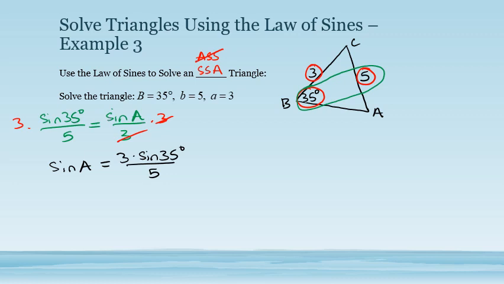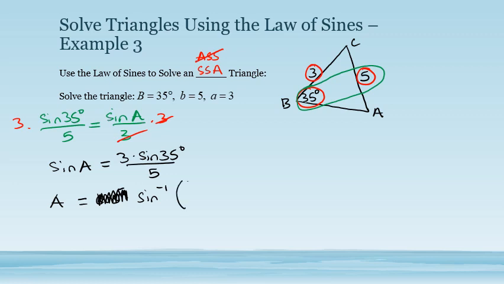Now this is the first time that we haven't been able to just plug into our calculator and accept the answer. What I'm going to have to do in order to get the A by itself is take, oops, not cosine inverse, ahead of myself, but instead sine inverse. How about that? Sine inverse of whatever 3 times the sine of 35 degrees divided by 5 is.